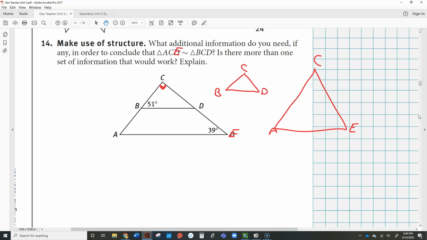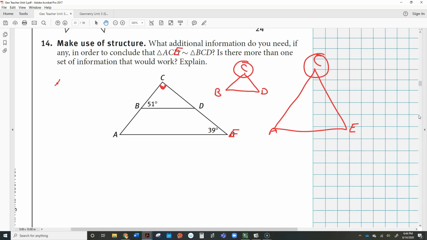What you'll notice is that angle C right here is the same angle in both of those triangles. It's congruent to itself, but it is the exact same angle. And what do we say when we have one figure that plays two different roles? Don't we say that it's congruent to itself by the reflexive property?